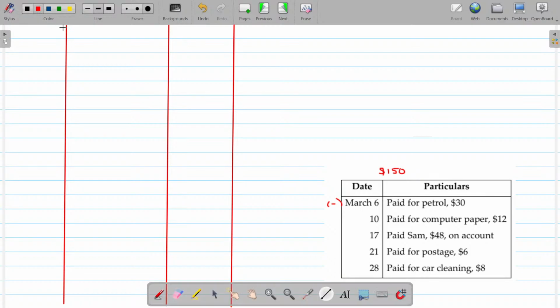So in whose book are we going to prepare? Anika's book. You have to prepare the petty cash book. This will be total receipts. And this will be total payments. Clear?